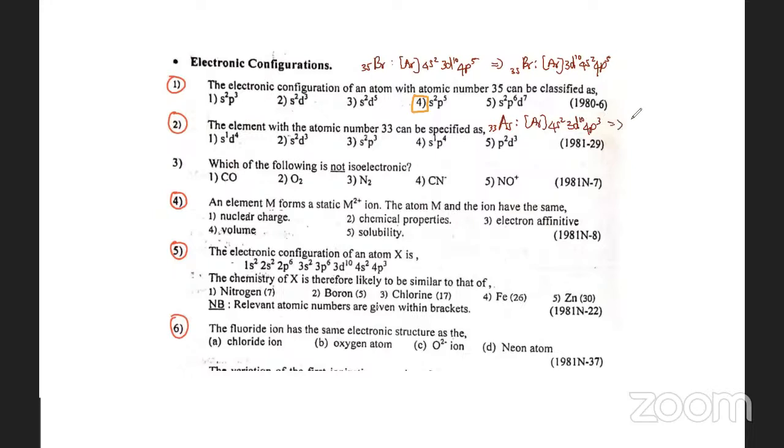So if you rewrite it, it will be until argon, 3d10, 4s2, 4p3, no people, 4p3, because you just have to reduce 2 electrons from this. It's 4p3, easy. That is the third one.